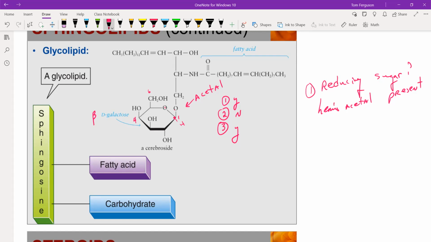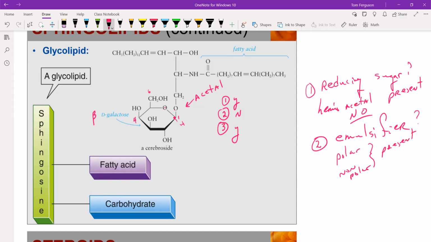So the other question is, so this is no. What about being an emulsifier? So polar, non-polar, present. So what do you guys think? Would this be an emulsifier?